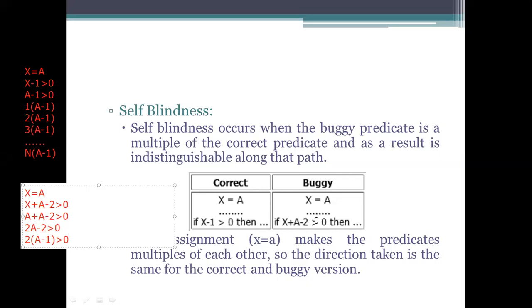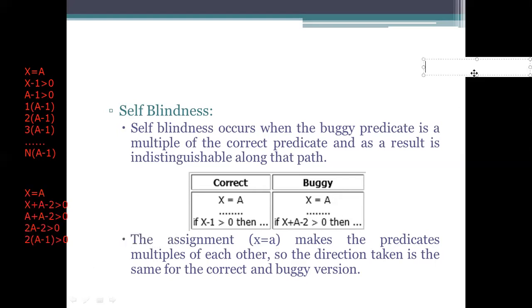If you are taking x plus a minus 3 there, all the time it's not true. x plus a minus 3, so here the value is a plus a minus 3, and you are having the value 2a minus 3. There is no common factor. It won't be bothering that expression. Whenever you are getting the multiples only, you will have the problem there.